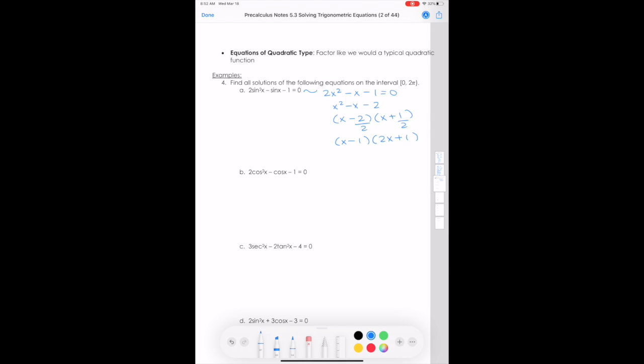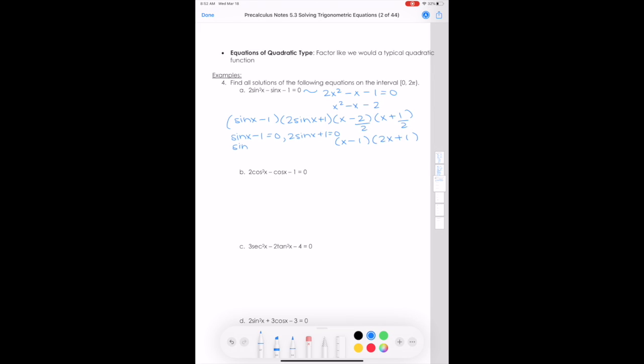All right, so switching this to sine x minus 1 and 2 sine x plus 1 equals 0. Again, we set both of these equal to 0, so sine x minus 1 equals 0, and 2 sine x plus 1 equals 0 to find our solutions.